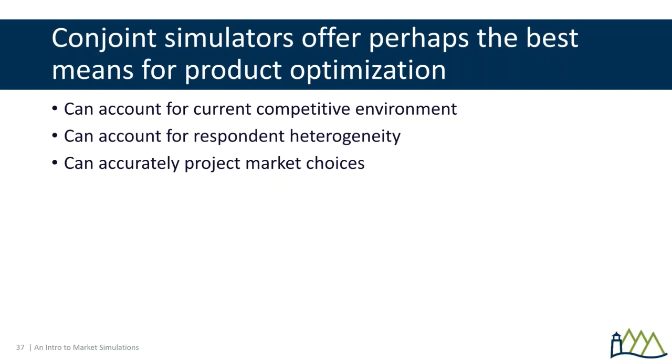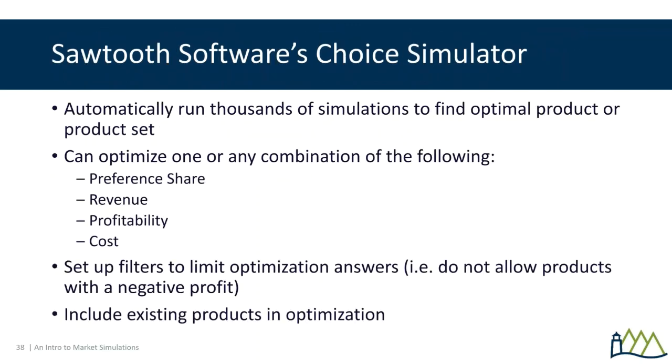So you saw we built in the 3 other cruise lines, assuming that Carnival is our customer. We're also accounting for respondent heterogeneity because we're typically going to be using individual level utilities, and we can even tune our model and tune the exponent, include availability and external effects to more accurately project our market choices so we get even closer to what's happening in the real world.